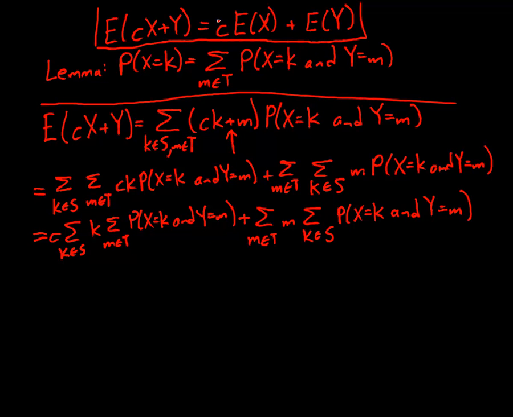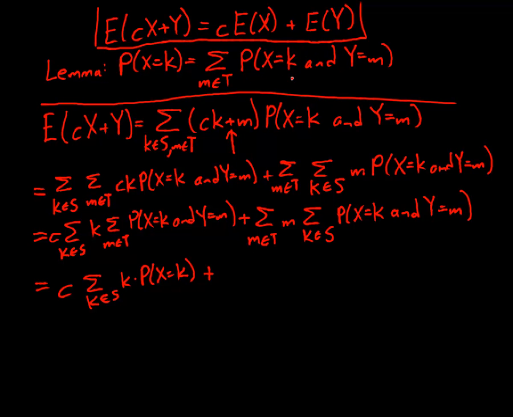According to our law of total probability up here, notice that this is the exact statement that I have. So that's just the probability that X is k. So I have c times the sum of all k in S of k times the probability that X is k. Plus, what's going on over here? Well, this also can be simplified by the law of total probability.